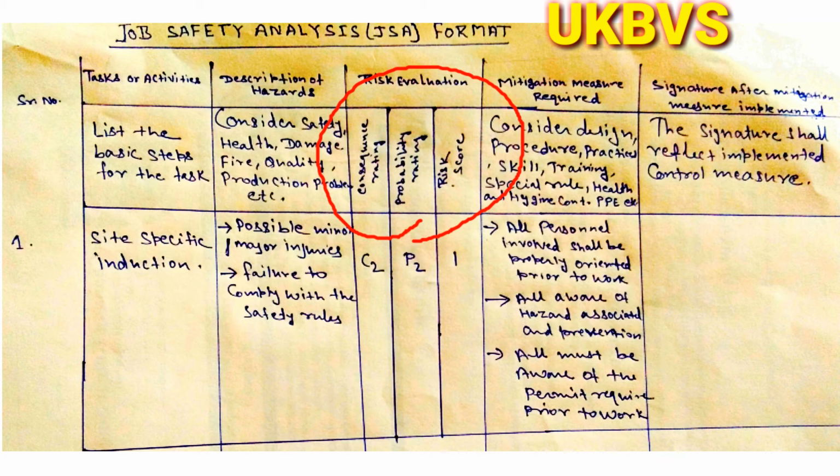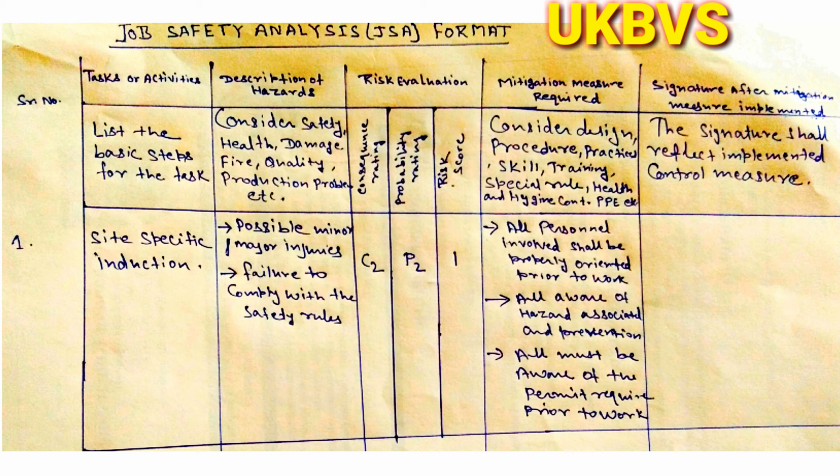In the fourth column, second row, there are three categories: C2, P2 and 1. C2 is the consequence rating, P2 is the probability rating, and the risk score is 1. In the fifth column, second row, consider design, procedure, precaution, skill, training, special role, health and hygiene control, and PPE, etc. This is a little explanation of mitigation measure required.